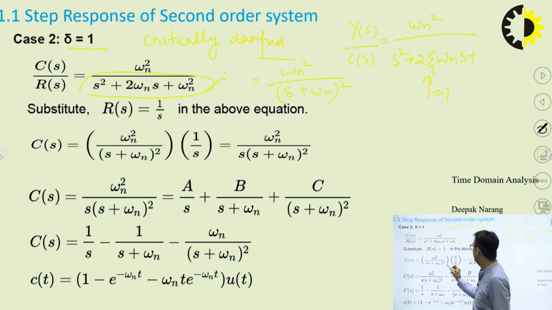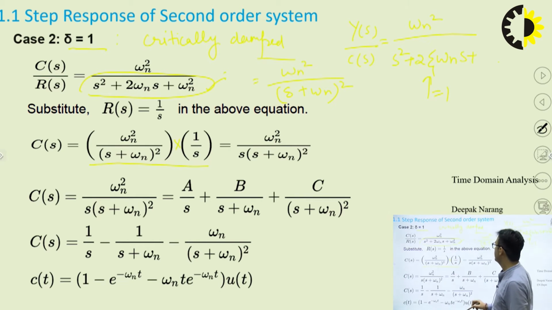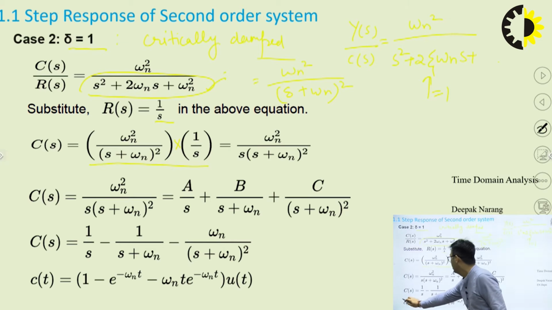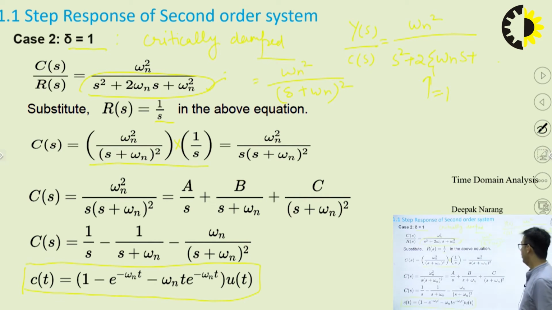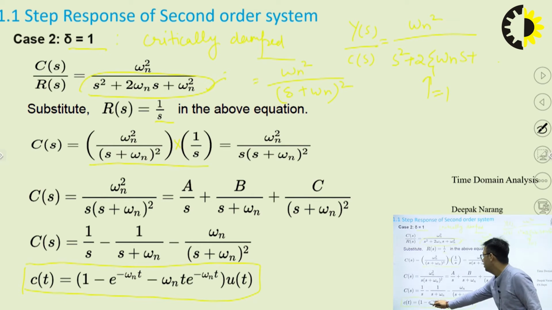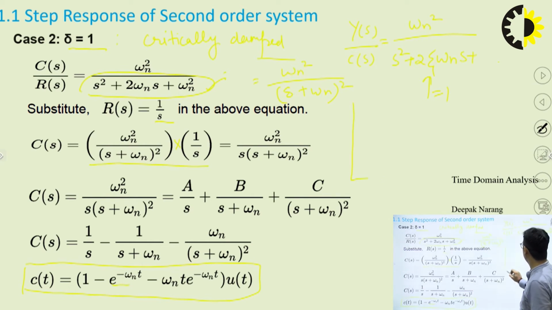Just put the value of R(s) again, which is 1 by s, and after taking partial fractions we get c(t) equal to this. Now we can see here an exponential term arises and the system response becomes like this. It rises slowly and moves towards the reference output, and this situation is named the critically damped situation.